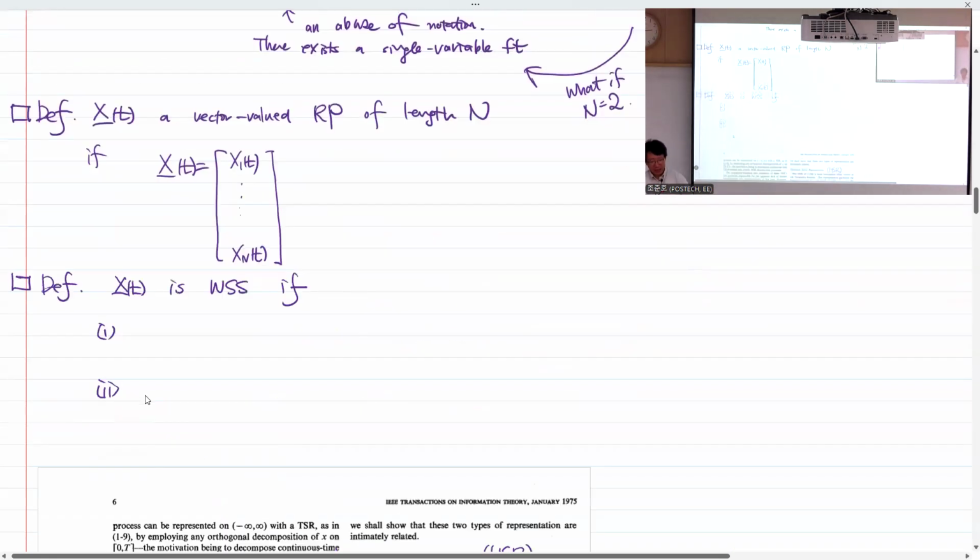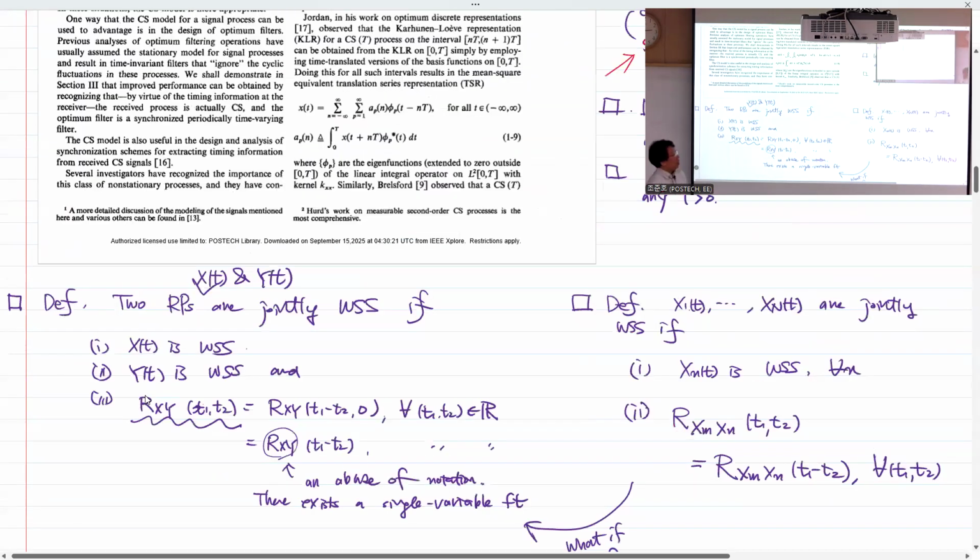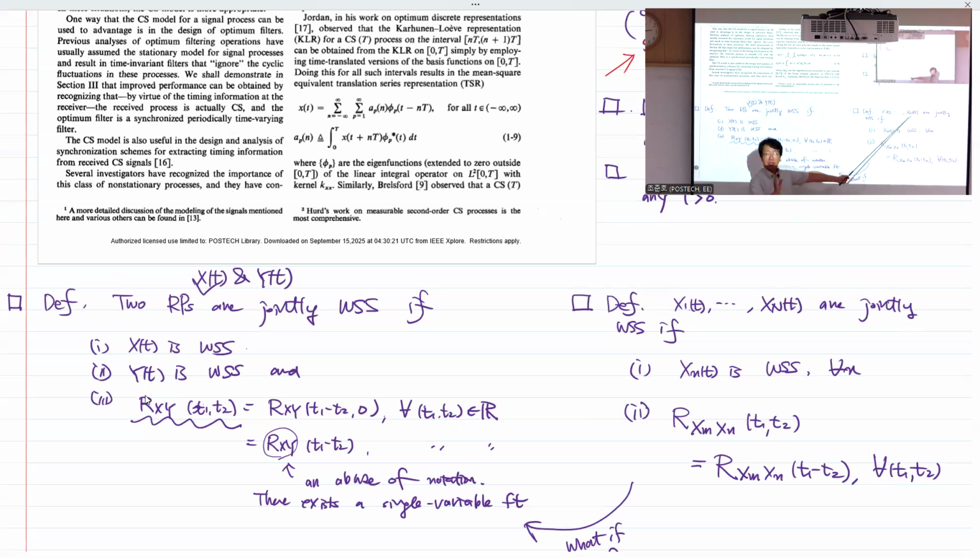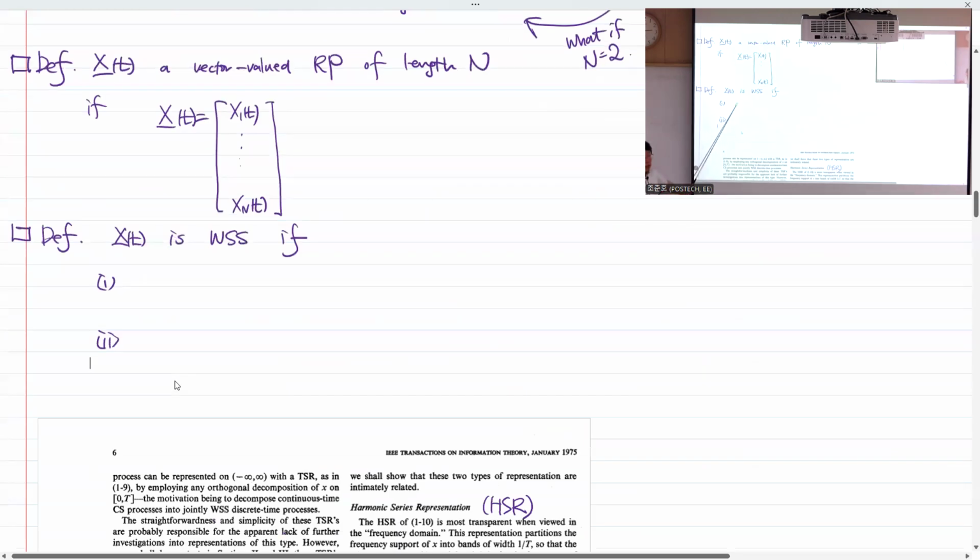But anyway, got it? Of course, you may put capital N equals 1 to obtain the wide-sense stationarity of a single random process. Got it? So this definition with capital N equals 1 must be consistent with that definition with capital N equals 1. Anybody?